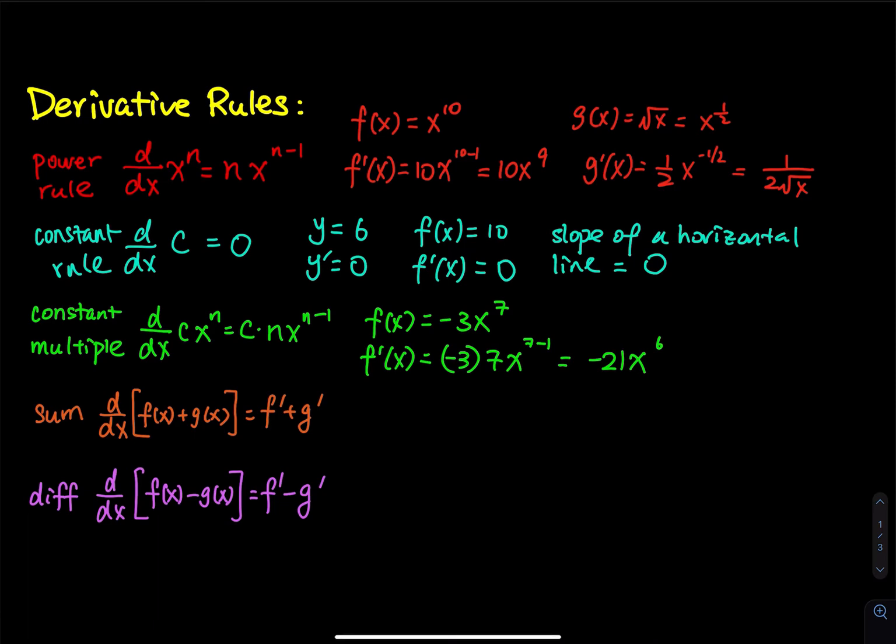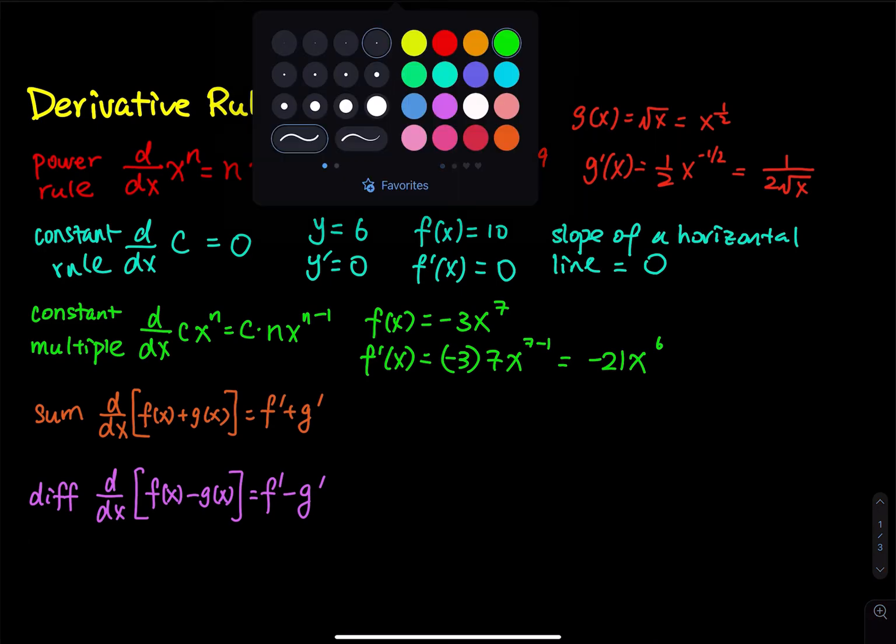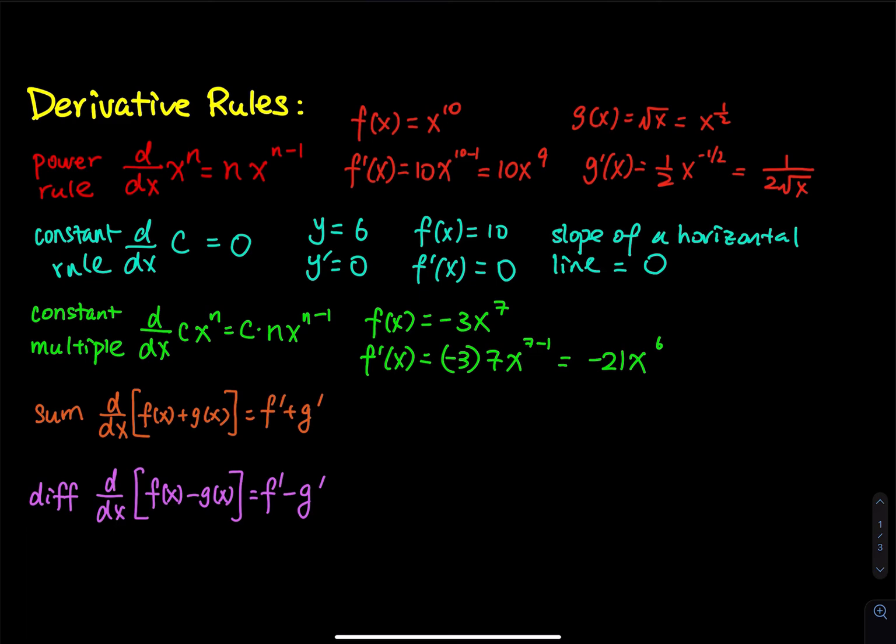And then the sum rule. We have the derivative of f plus g, that is the derivative of f plus the derivative of g. For the difference rule, you change the plus to a minus. So let's do an example. Let's say we have f of x equals negative 6x plus x to the 1/2. So we have two terms adding together, and then f prime of x.